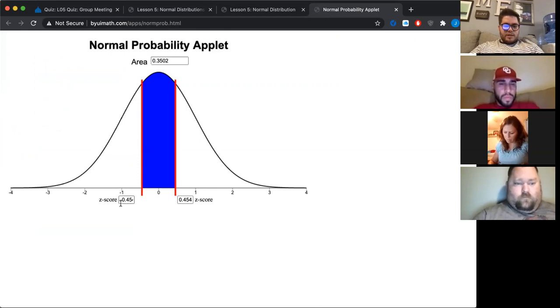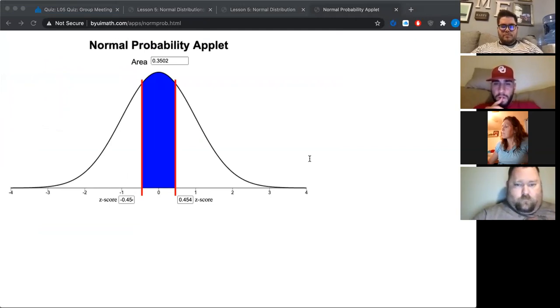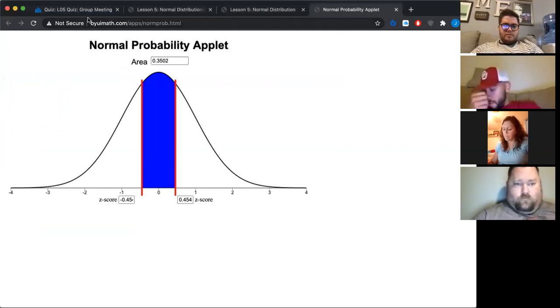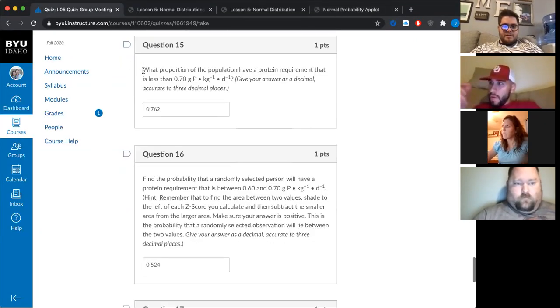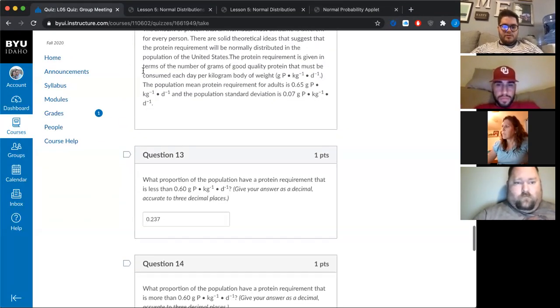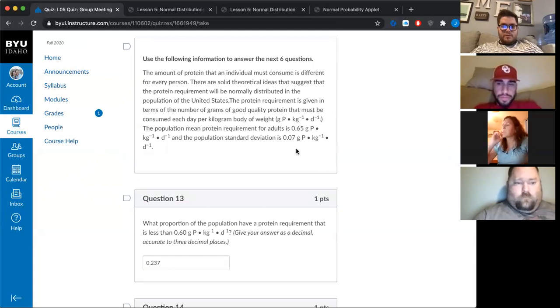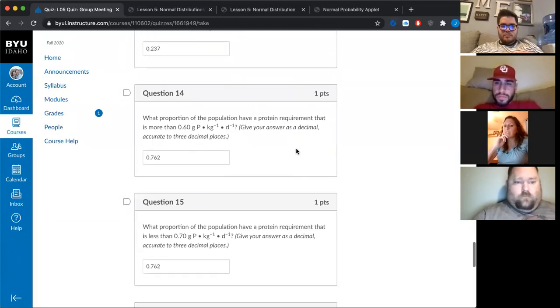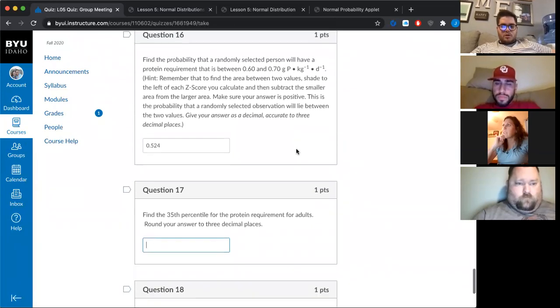So our Z-score is negative 0.454. We put that into our formula of x equals z times sigma plus mu. So what was sigma again? Our standard deviation was... Well, wait, can't we just put the 35% straight in the applet?